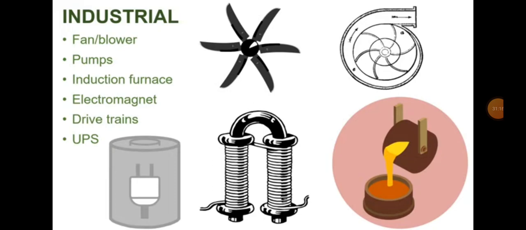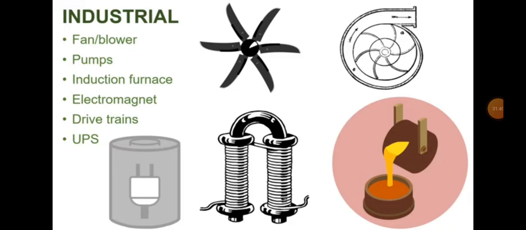Then how to reduce this power loss? We know that if the speed of this pump or fan is reduced, we will be able to reduce the flow of the fluid. If we are able to increase the speed of the fan or pump, we will be able to increase the flow of fluid.